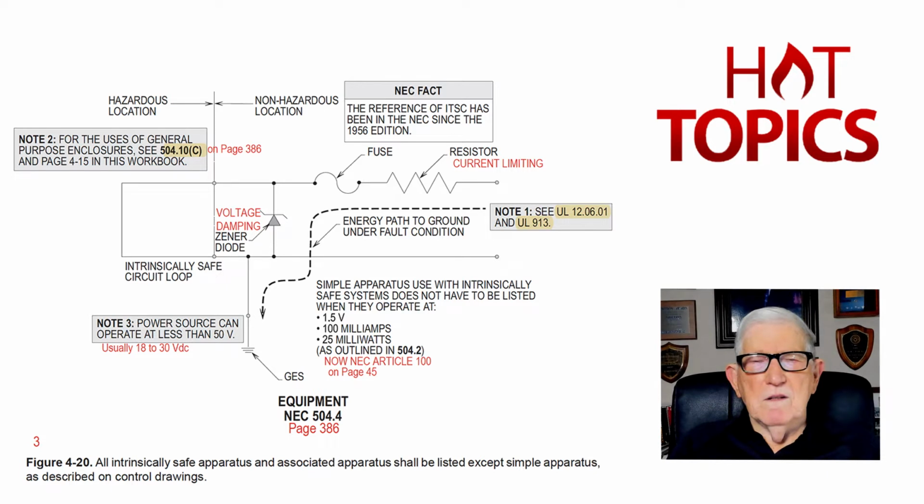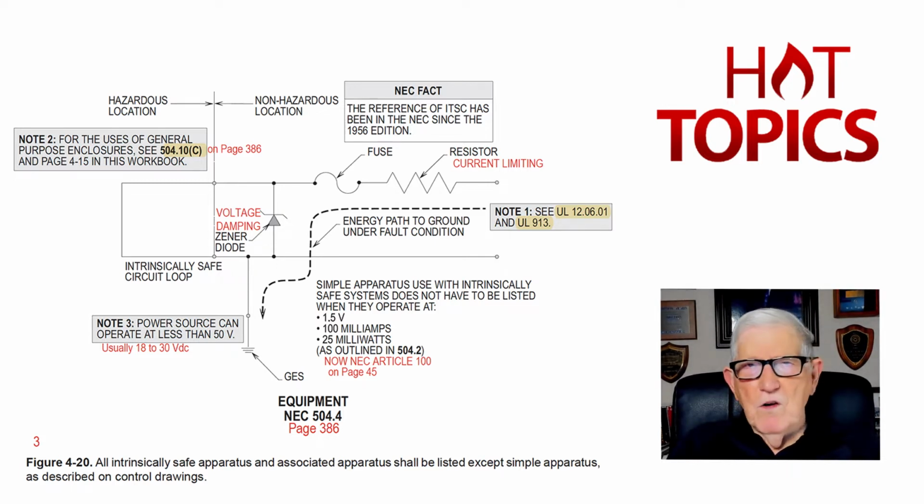And if you look back in the history of the NEC, intrinsically safe systems have been in the code since 1956, but they were identified as ITSC systems, which today are just IS systems. So keep this in mind.